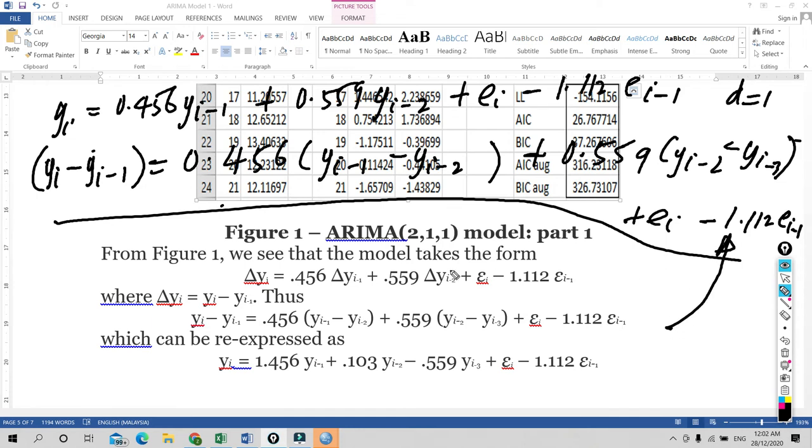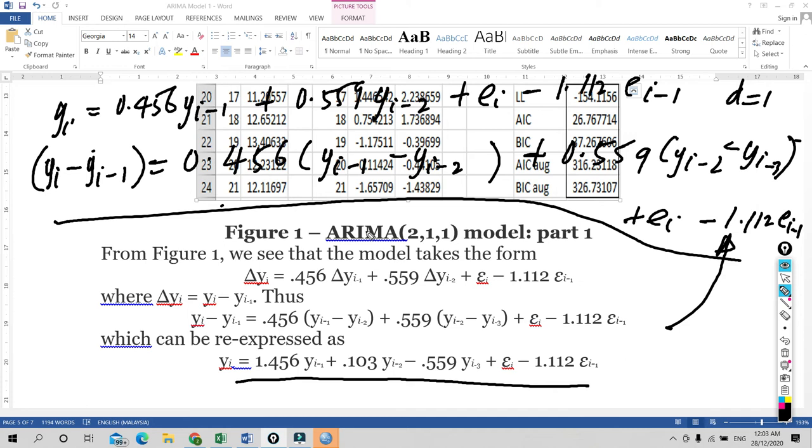If we express it in terms of y i, then y i is equal to 1.456 y i minus 1 plus 0.103 y i minus 2 minus 0.559 y i minus 3 plus epsilon i minus 1.112 epsilon i minus 1. This is how we write the ARIMA 2-1 model.